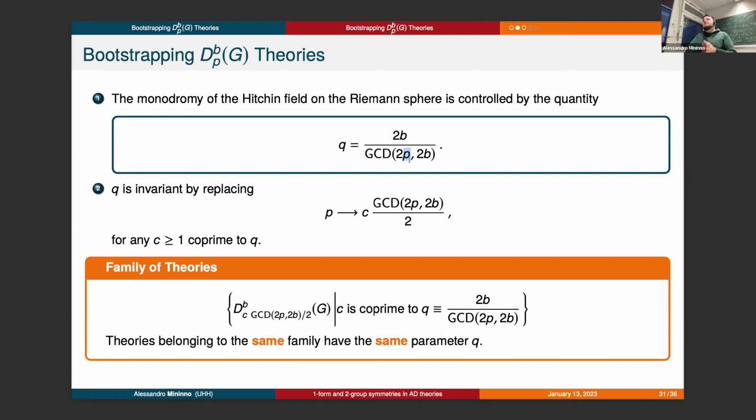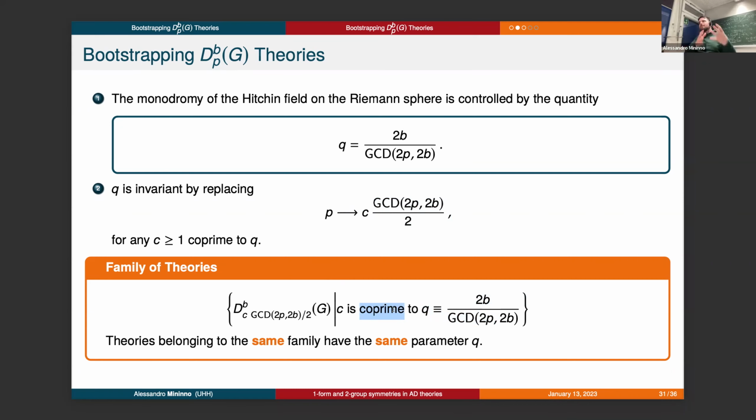Then anytime you can replace the P of your theory by a factor C multiplying this GCD, where C is coprime with Q, you end up in a family of theories that belong to the same family. They have the same Q, and they are just defined by varying this value of C, which must satisfy a certain relation with Q. It must be coprime.